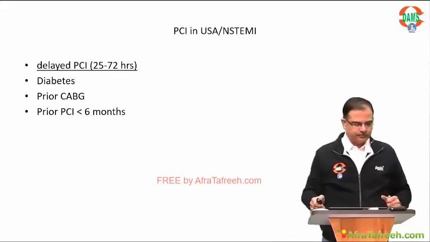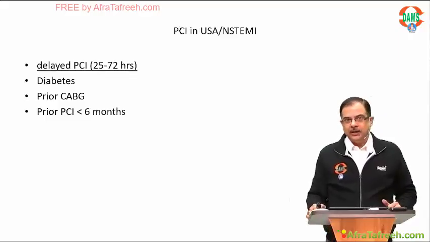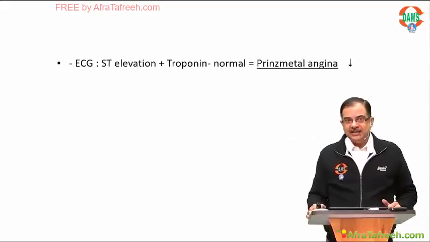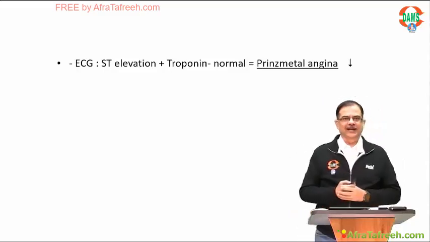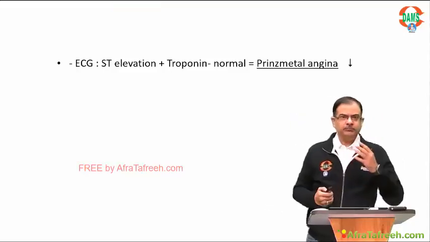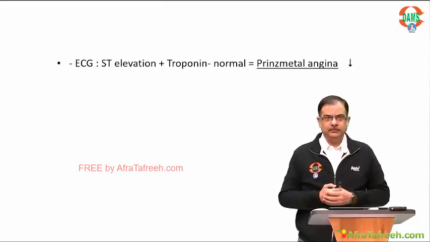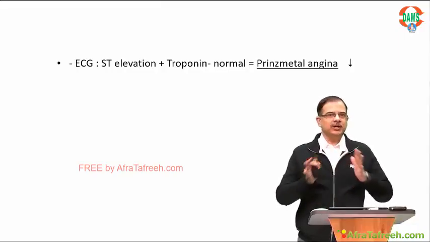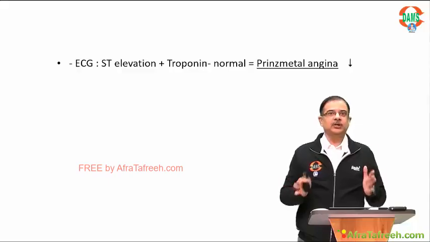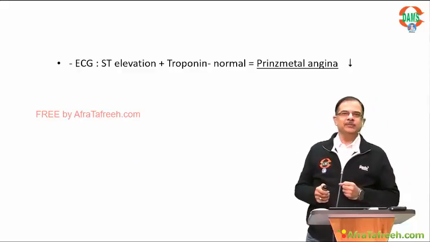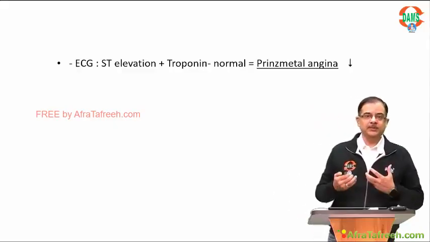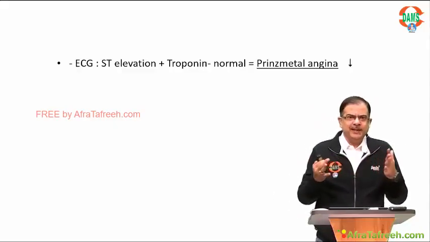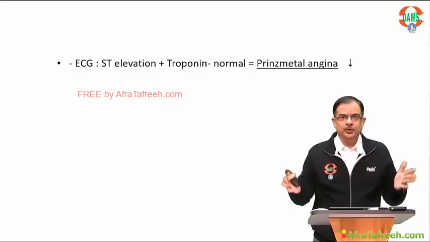Now, coming to the next case. ST elevation is present in the ECG. Troponin levels are normal. So that means it is not a case of myocardial infarction. This is a case of Prinzmetal angina. Prinzmetal angina is due to a vasospastic process. So we give vasodilator agents.